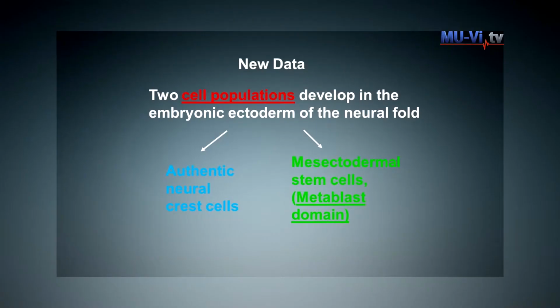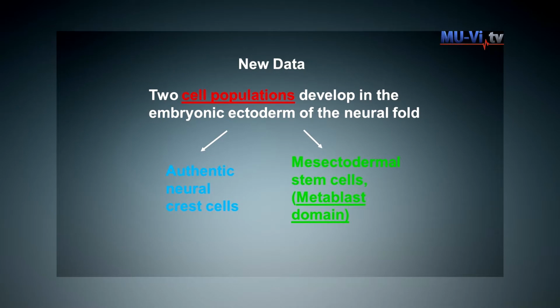because very new results show that in the region of the neural fold, two genetically different populations are built. One are the authentic neural crest cells, and the second are ectodermal cells or the metablast domain cells.